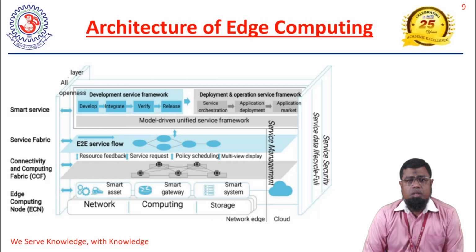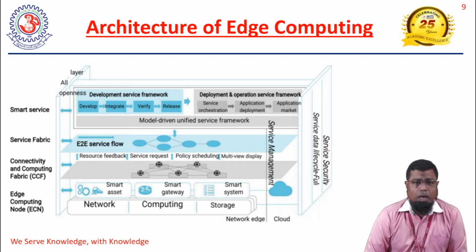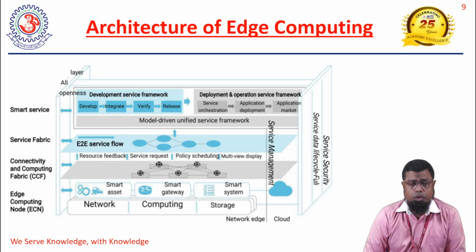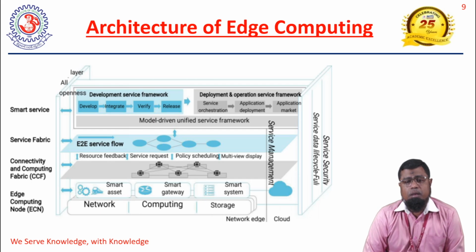If I talk about the bottom layer, there are some components under network, computing, and storage. These are the three major operations that the network is going to handle. It has to take care of network services like bandwidth and connectivity, reliable transmission, fault tolerance, etc. in the network.